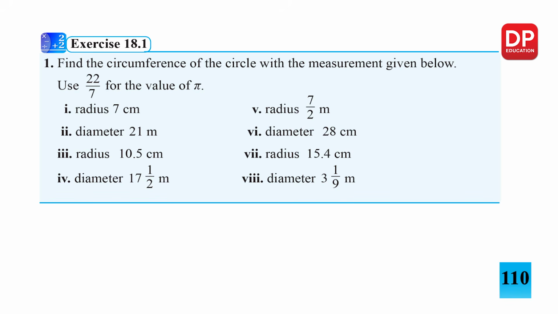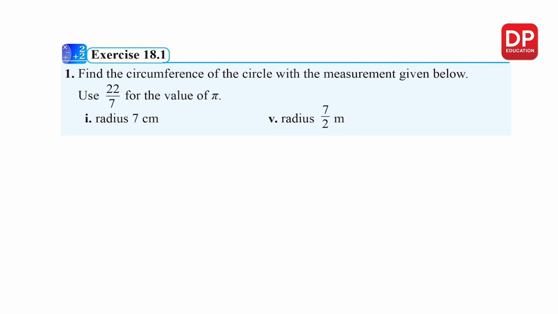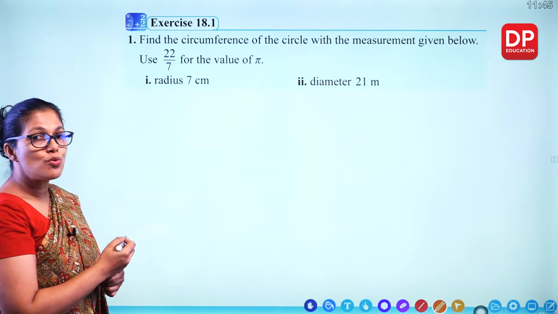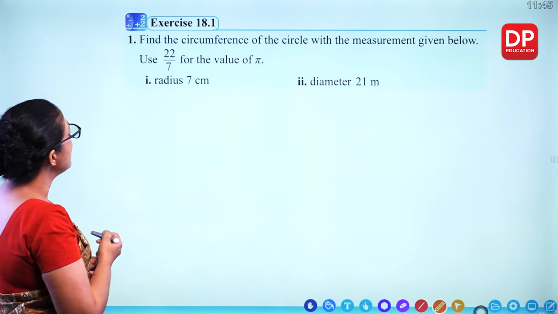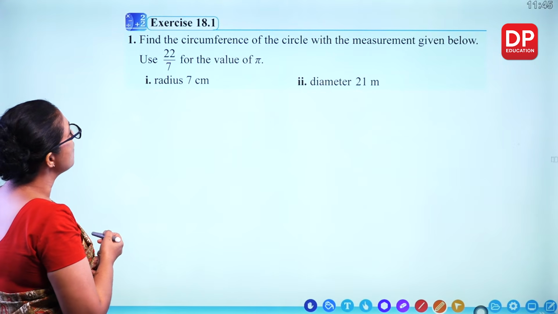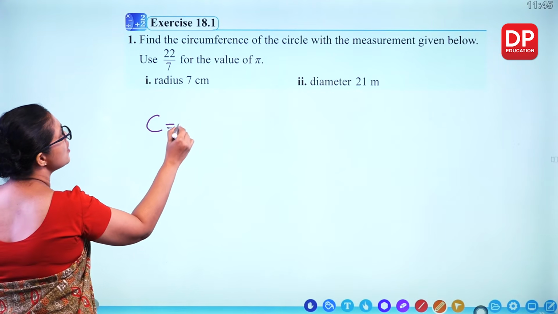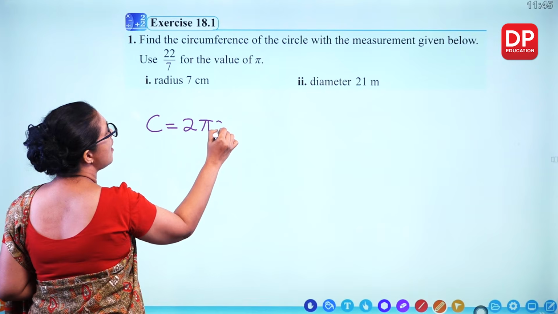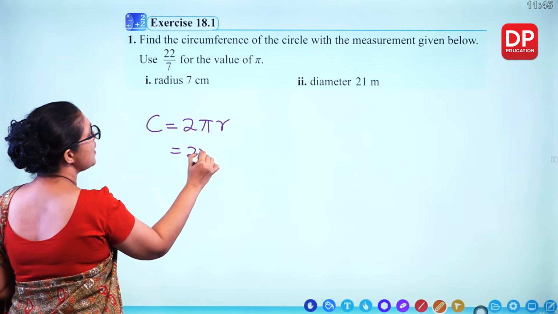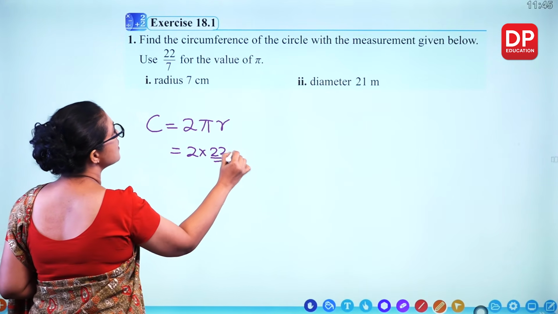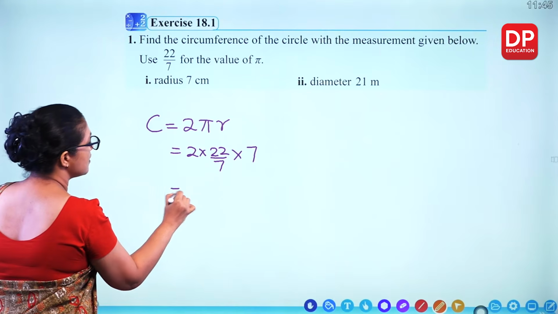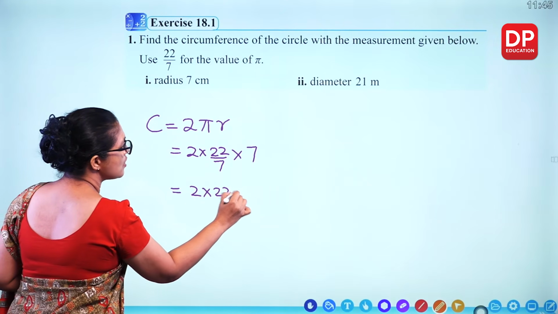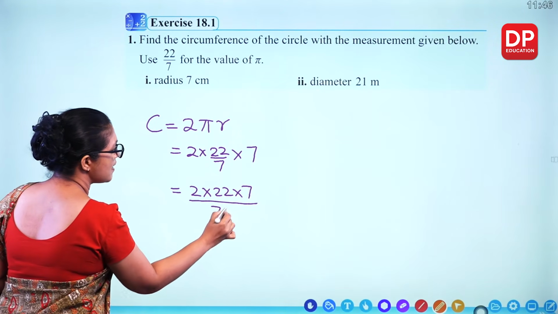Exercise 18.1. Find the circumference of the circle with the measurement given below. Use 22 over 7 as the pi value. So radius is 7. So what's the formula? 2 pi r. 2 times 22 over 7 times 7. So 2 times 22 times 7 divided by 7.